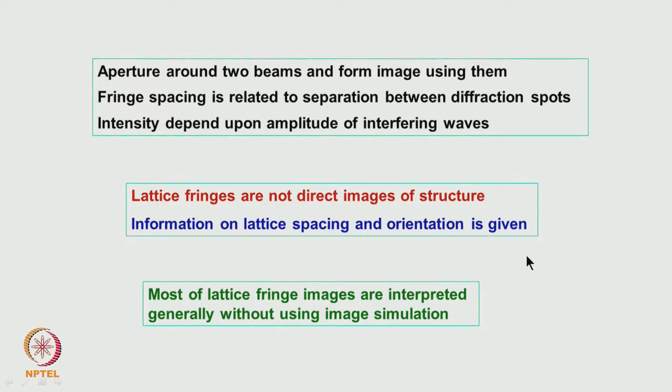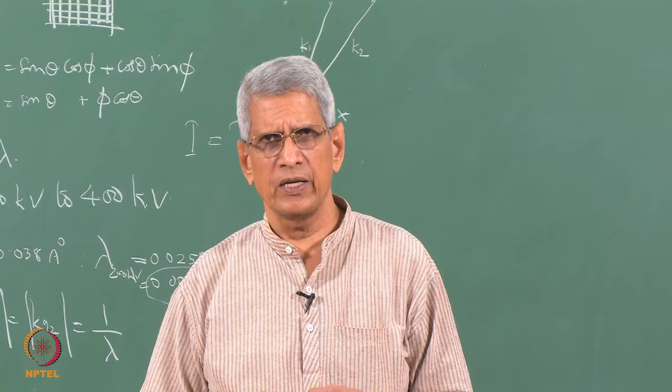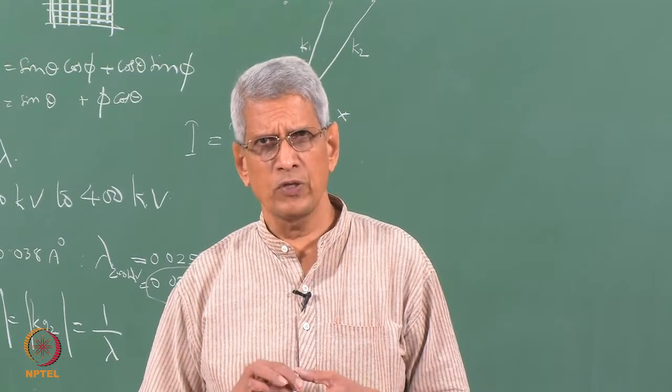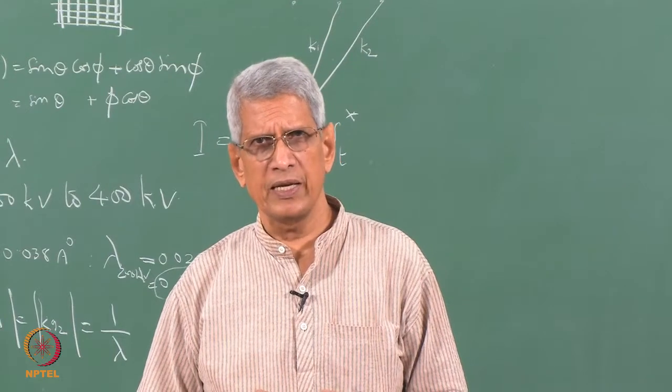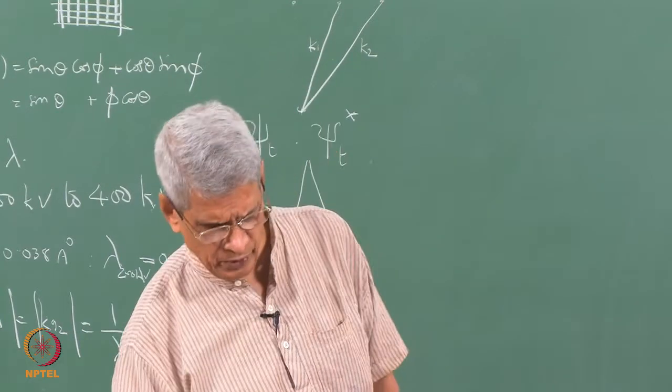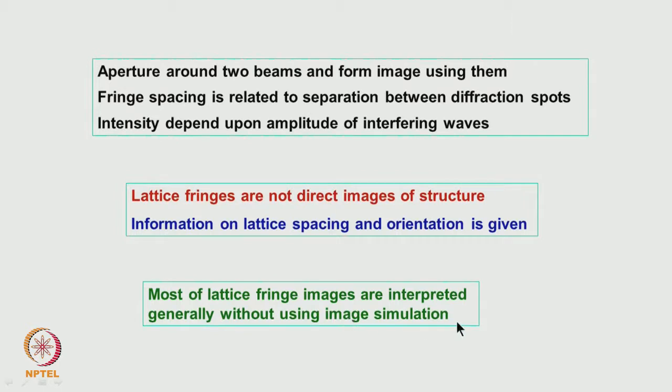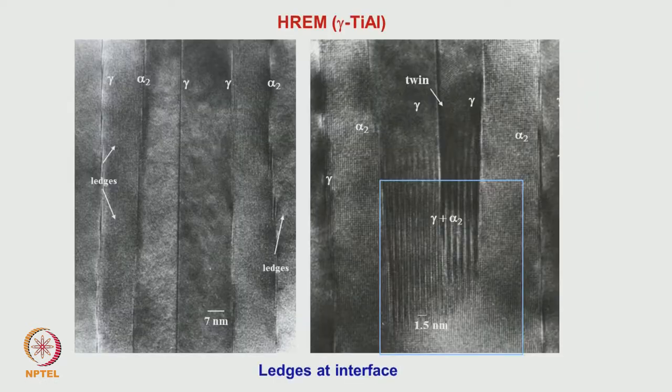This is only a very qualitative way in which one can interpret it. One has to be very careful because sometimes it can lead to misleading interpretation of the results. So, it is always better to do image simulation to get the correct interpretation of the structure.